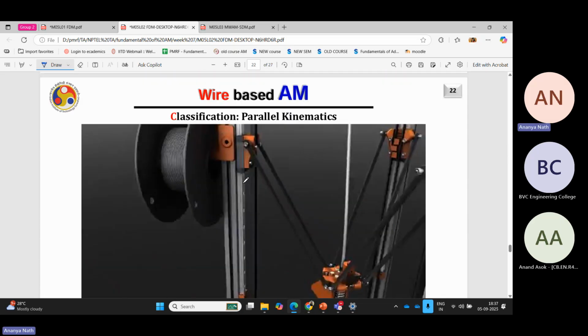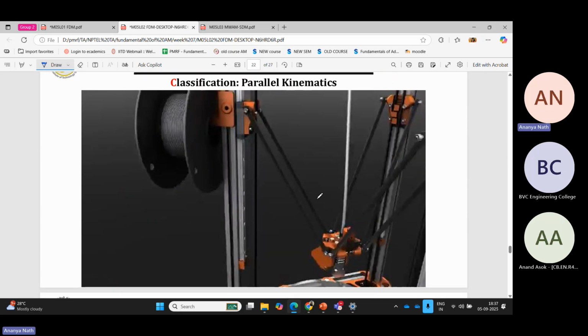So parallel kinematics means your nozzle was mounted on a lead screw and it was moving up and down. If it was mounted on a CNC, then it can go X, Y, Z. But here it's parallel kinematics.